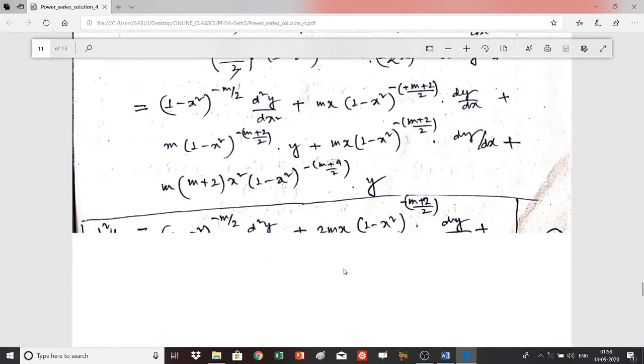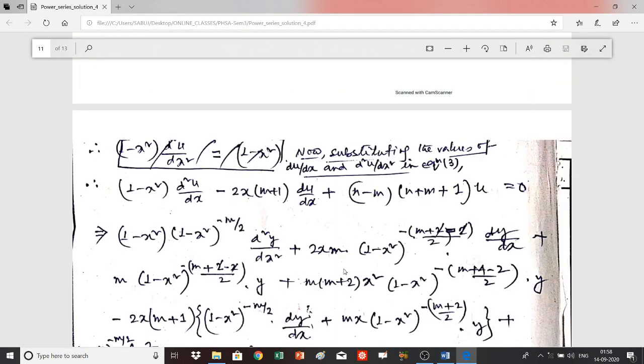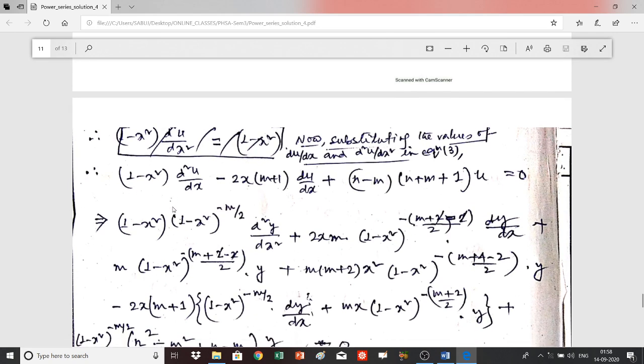If we substitute the values of du by dx and d2u by dx square in equation 3, that is the equation I once again write, because it was two or three pages before.